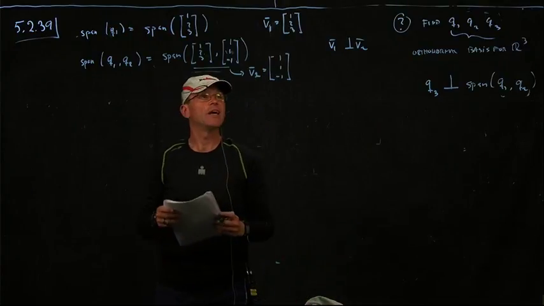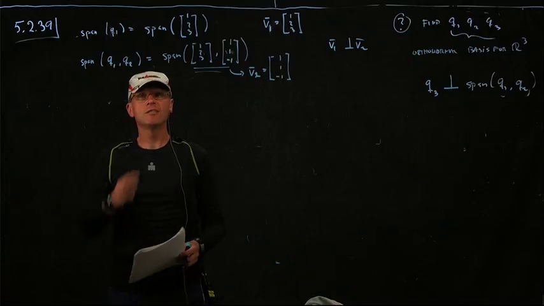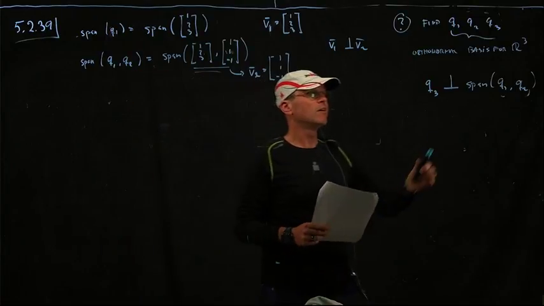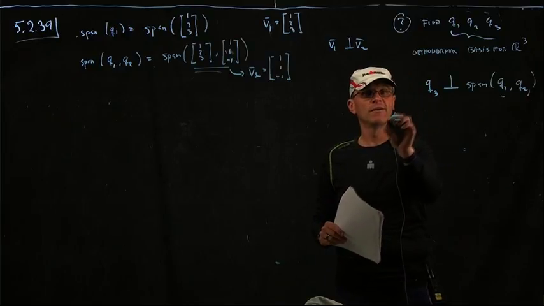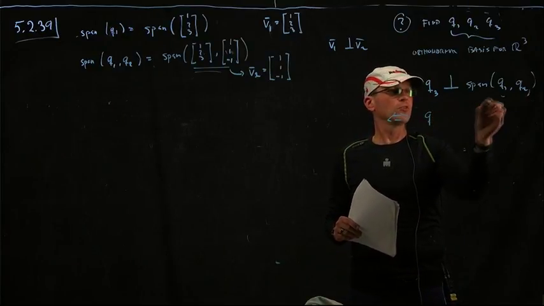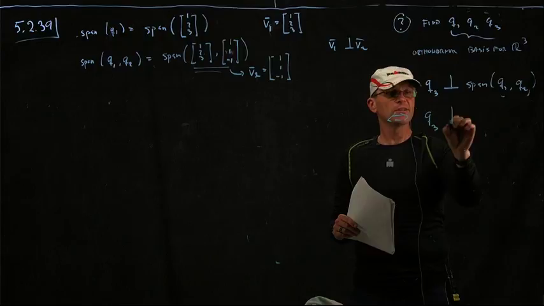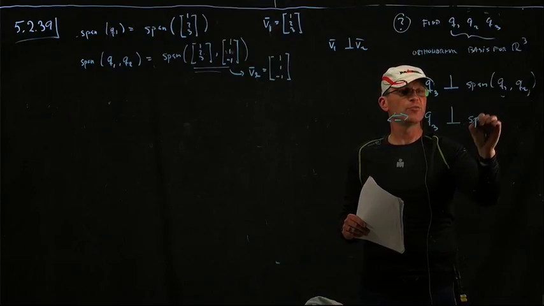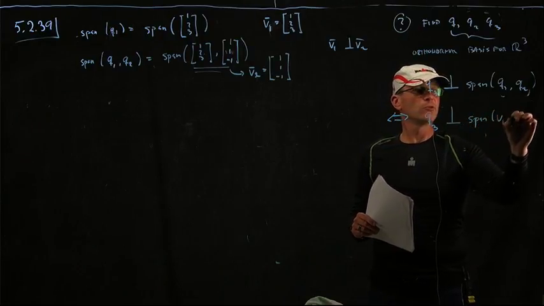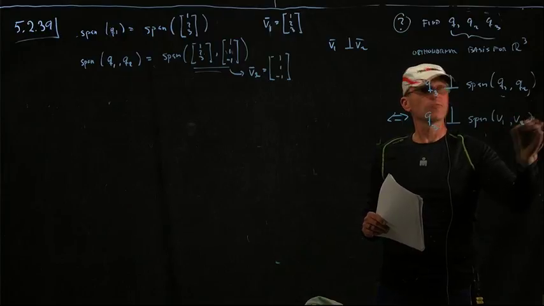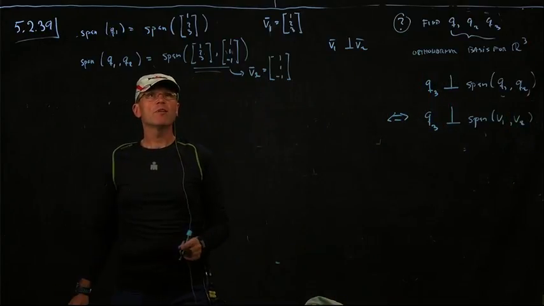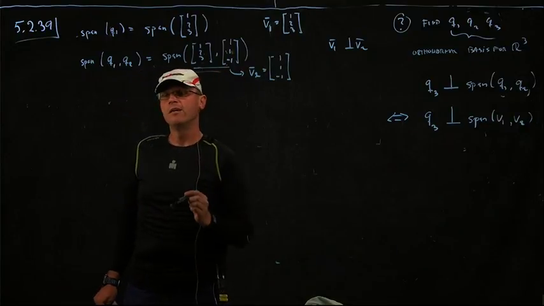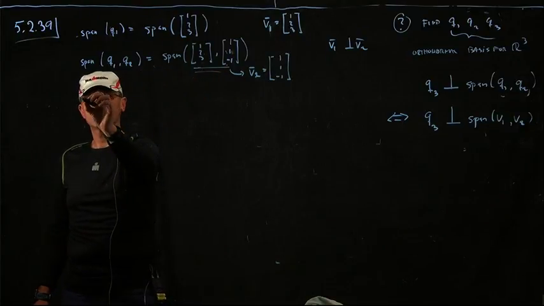But actually that's okay, because whatever is orthogonal to the span of Q1 and Q2 means that Q3 must also be orthogonal to the span of V1 and V2, because these two spaces are the same. So if we want something that's orthogonal to those two vectors, what can we do?